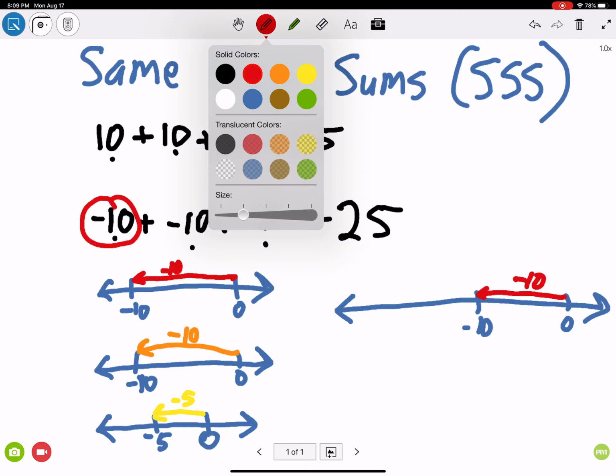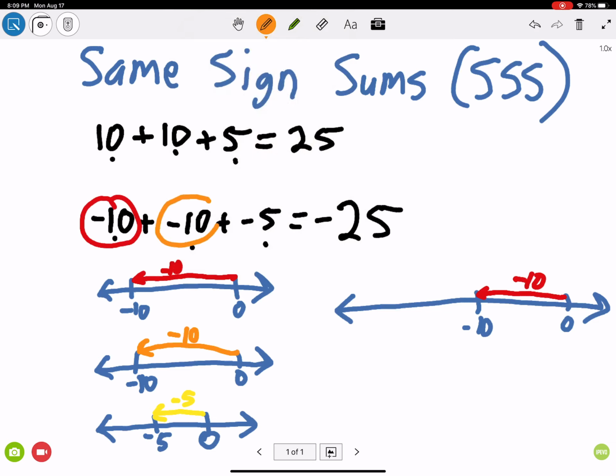Then we have another negative 10, which means go to the left 10 again.